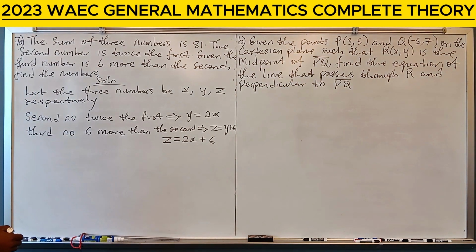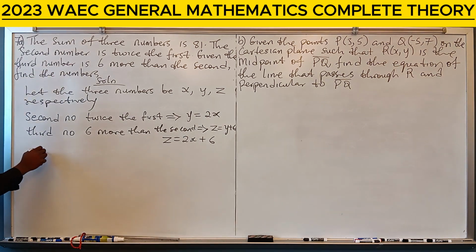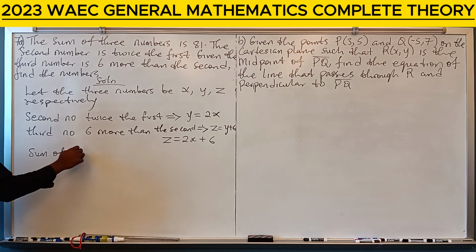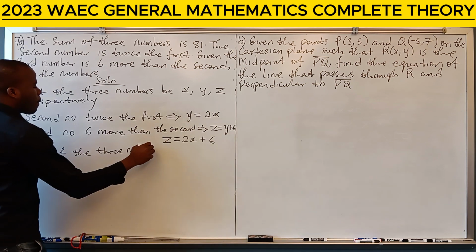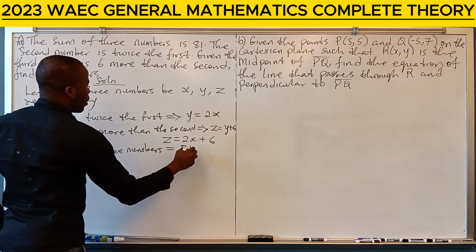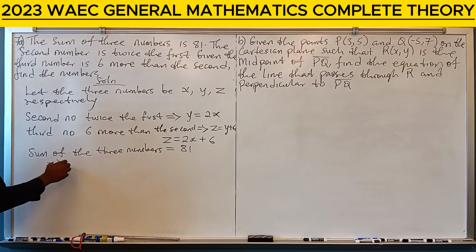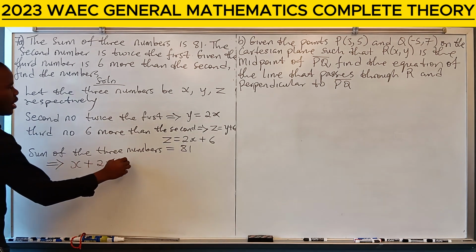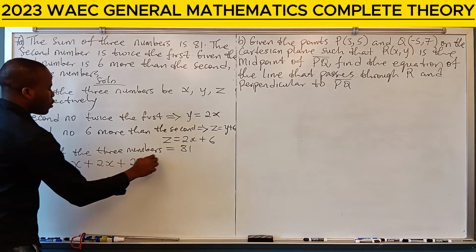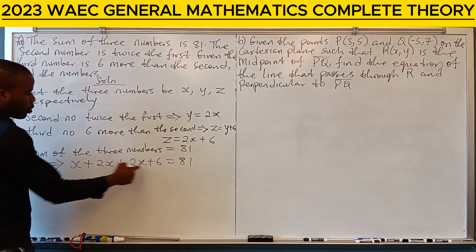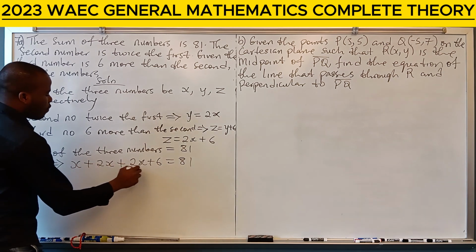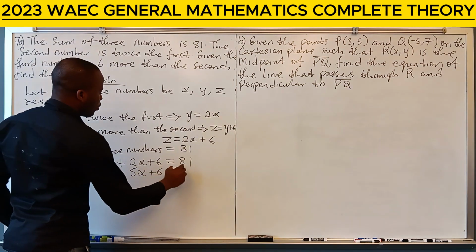And we are now told that the sum of the three numbers equals 81, implies the first is x, the second is 2x, and the third is 2x plus 6 equals 81. x plus 2x is 3x plus 2x is 5x plus 6 equals 81.